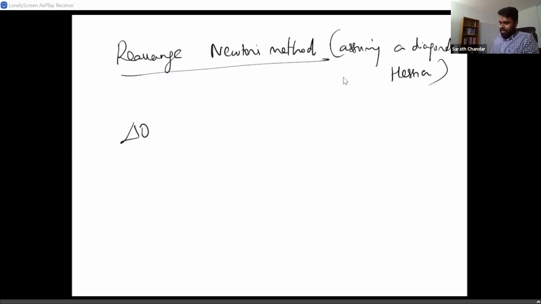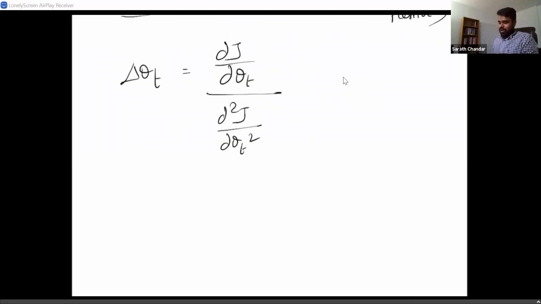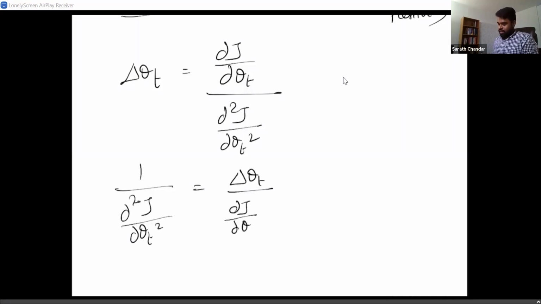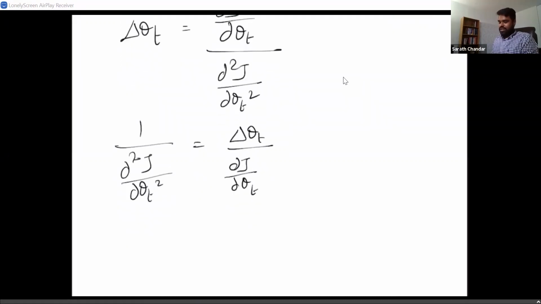The update in Newton's method is given as dou J by dou theta t divided by dou square J by dou theta t square. I can rearrange things here and this becomes 1 over dou square J by dou theta t square, which is equal to this divided by dou J by dou theta t. In the case of RMSProp, we have the root mean square for this term in the denominator.